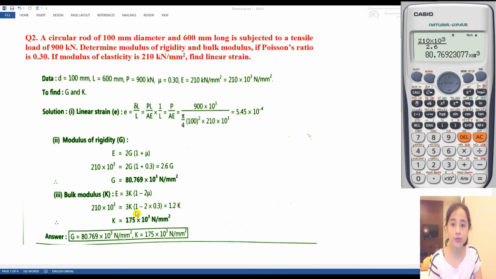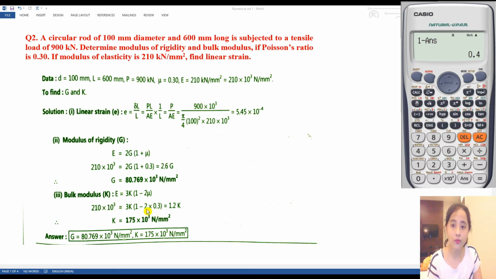Mu we know, 1 minus 2 into 0.3. So let us first solve inside the bracket. 2 mu, which is 2 into 0.3, will be equal to 0.6. So 1 minus 2 mu is equal to 0.4.